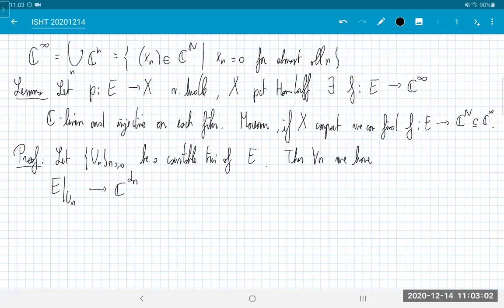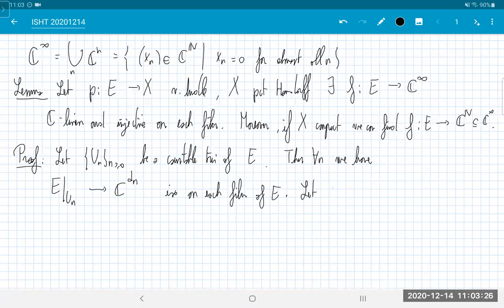It's not very important. In general it's probably going to be constant, but if X has various connected components, the rank can jump from connected component to connected component. Sorry, I should say an isomorphism on each fiber of E. It's just the projection of the trivialization.